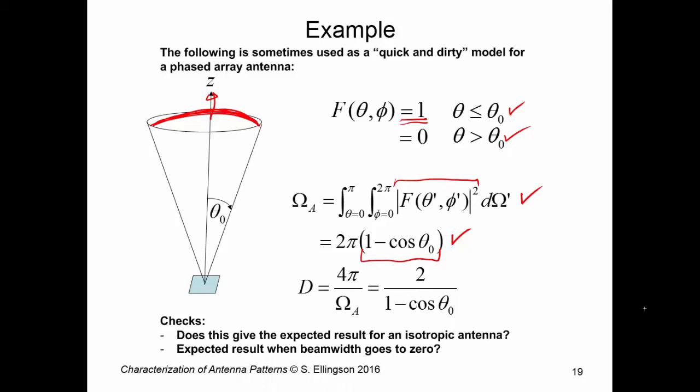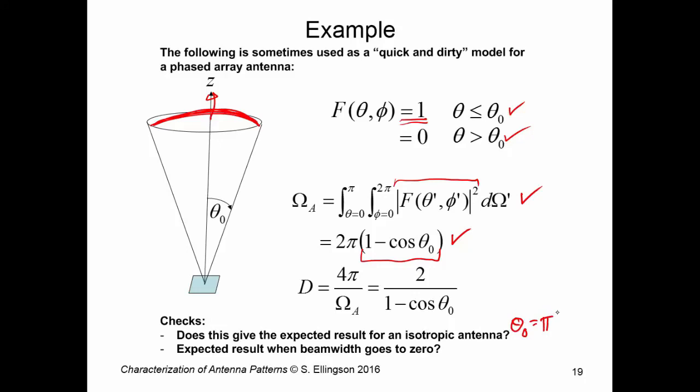Now you can check your work here, and I suggest you do this. First, ask yourself, does this result give you the expected result for an isotropic antenna? In terms of this model, an isotropic antenna is one which has theta naught equal to pi. In other words, the opening angle is pi.